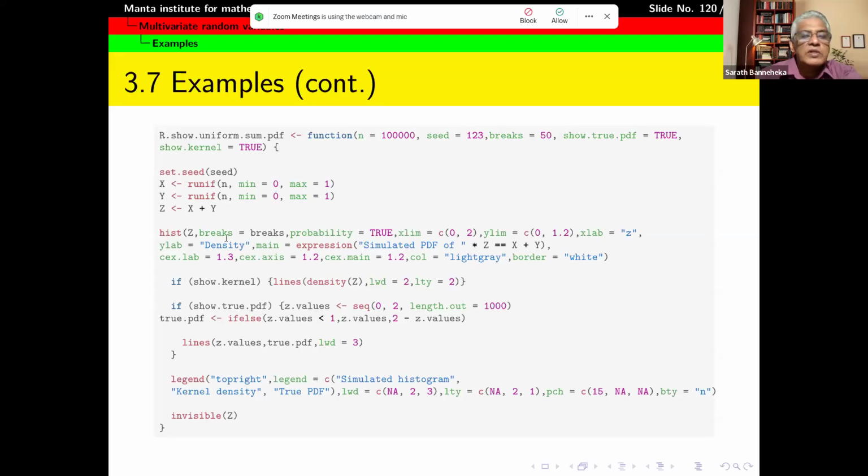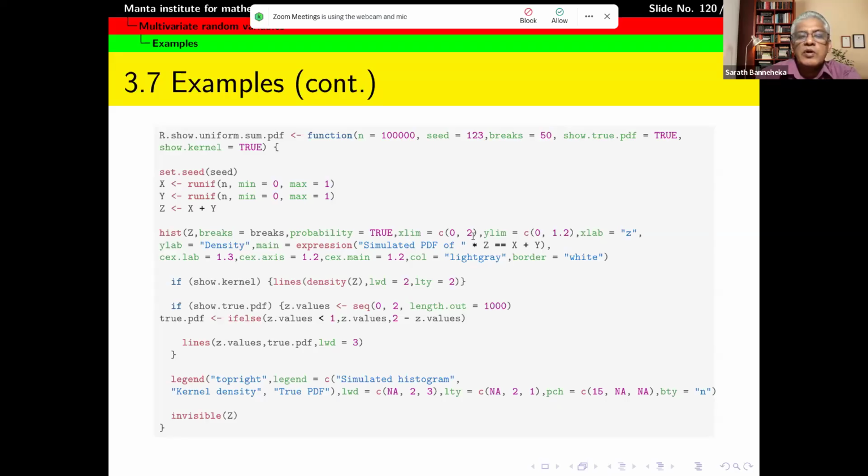For that, I am considering the histogram of this Z, with breaks. I have considered the breaks to be 50, that means the number of breaks that we are considering. And probability equal to true, otherwise it will be drawing a frequency histogram, right?